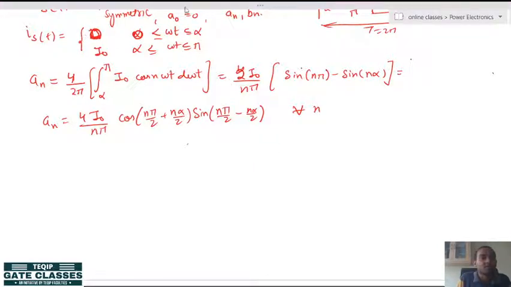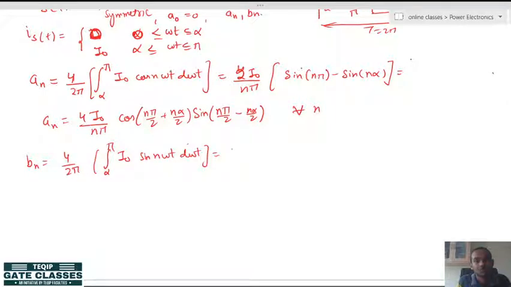Now, let us calculate B n. When you calculate B n, it will be 4 upon T integration f(t) sin n omega t, alpha to pi, I naught sin n omega t d omega t, equals 2 I naught upon n pi, minus cos n pi plus cos n alpha.